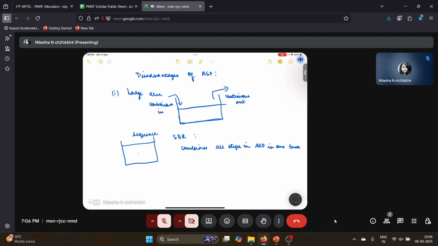Since these processes happen in a sequence in the same tank for the same batch of wastewater, it is called a sequential batch reactor. So it is space saving, and we can have 2-3 processes at the same time. We can have equalization followed by aeration, or the reaction between microbes and the organics, and then sedimentation or clarification, all happening in the same tank.